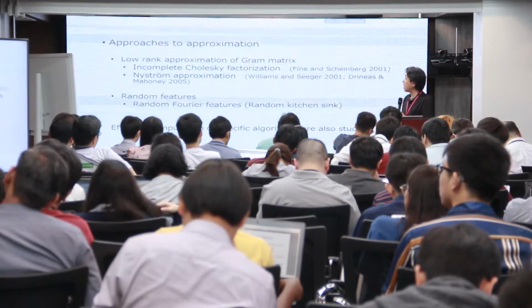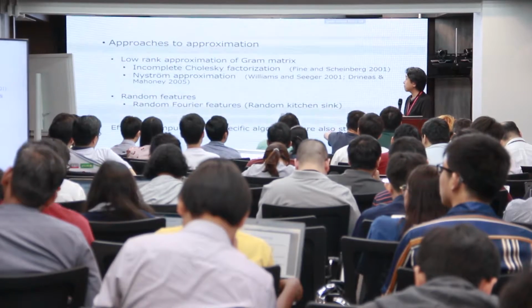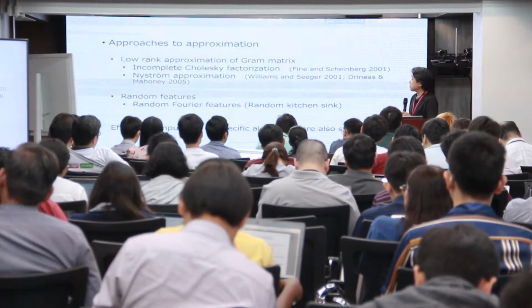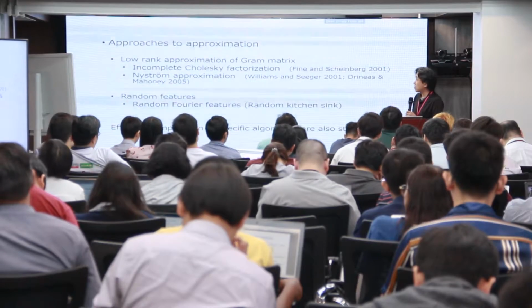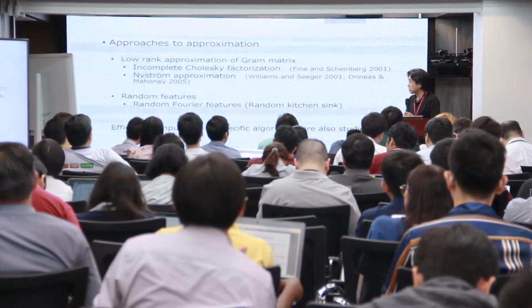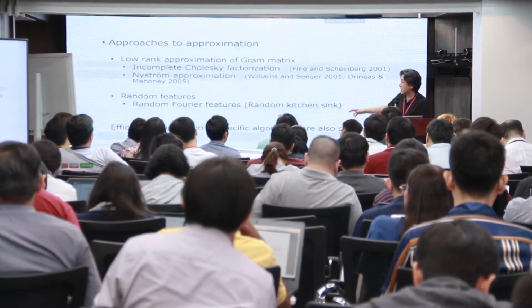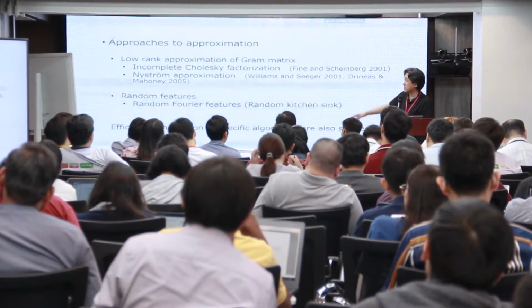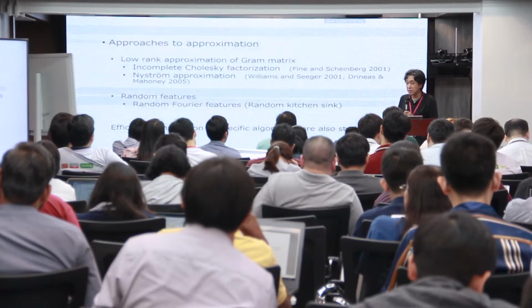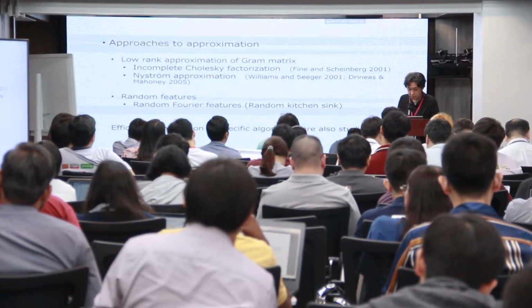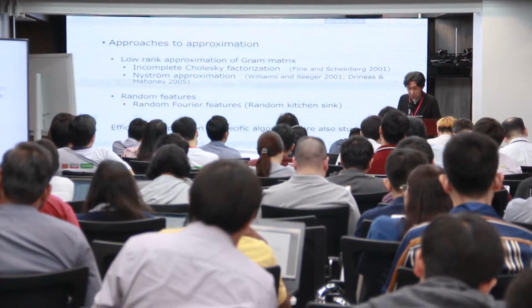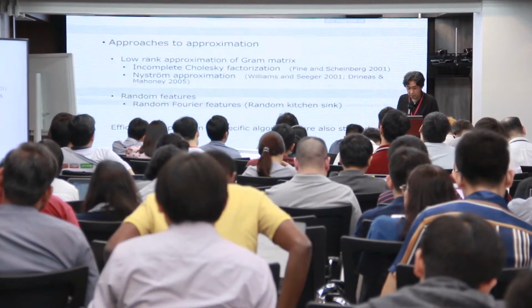I will explain some of them. There are two types of approximation strategy for the Gram matrix. One is low rank approximation of the Gram matrix. The other one is also low rank, but with random features. This is a slightly different approach. I will cover these two.